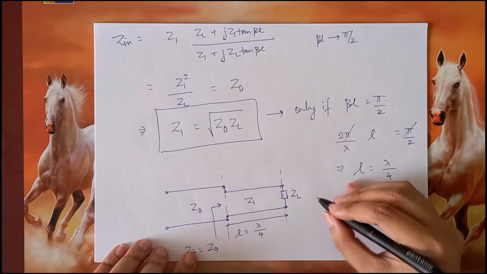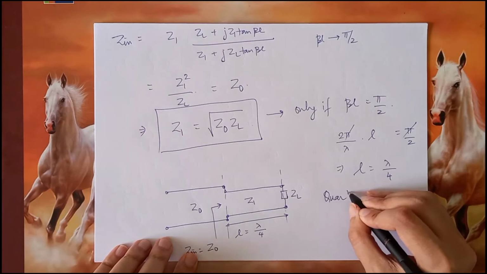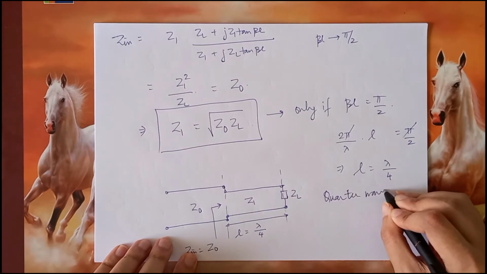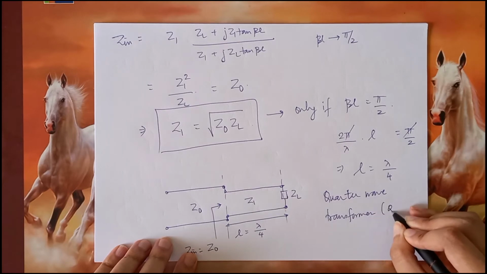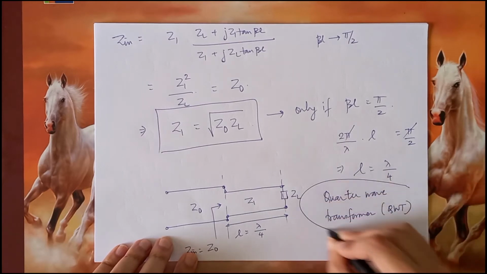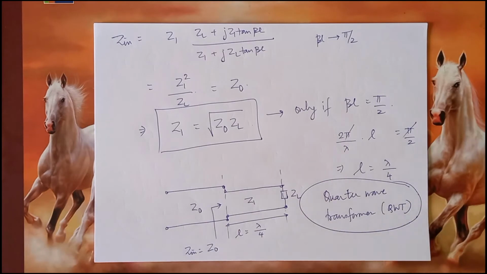This is called a quarter wave transformer, or QWT.